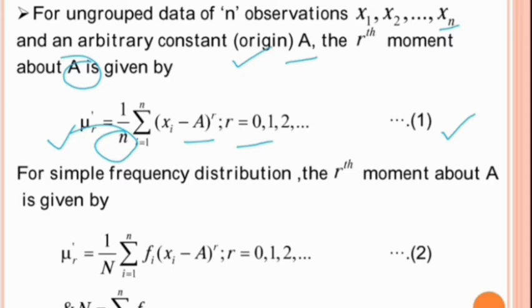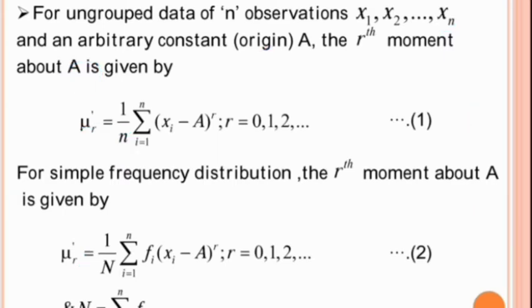Now next is for simple frequency distribution, that is when xi, fi's are given to us. Then the rth moment about A, we are writing here mu r dash, is given by 1 upon capital N into summation i is from 1 to n fi into (xi minus A) raised to r, where r is 0, 1, 2 up to so on.